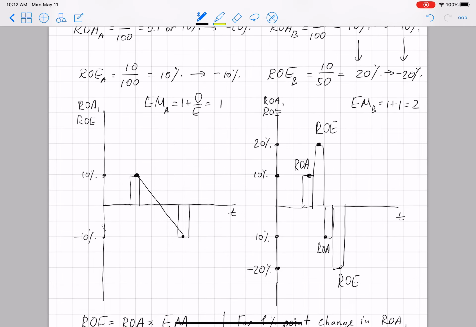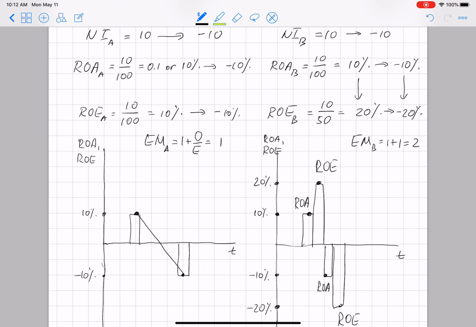It means that for firm A, if ROA goes up by 1 percentage point, ROE will go up by 1 percentage point. Similarly, if ROA goes down by 1 percentage point, ROE will go down by 1 percentage point.